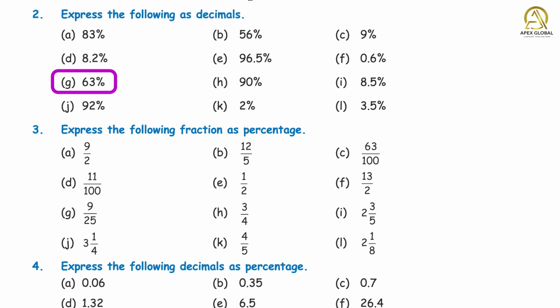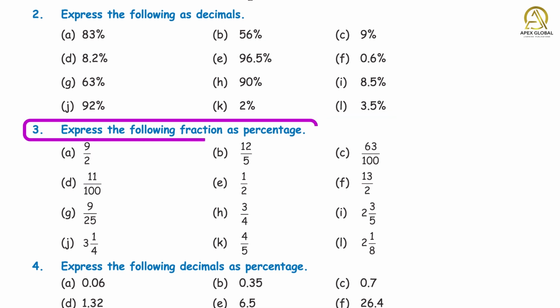G 63%, 0.63. H 90%, 0.9. I 8.5%, 0.085. J 92%, 0.92. K 2%, 0.02. L 3.5%, 0.035. Question 3. Express the following fractions as percentage.